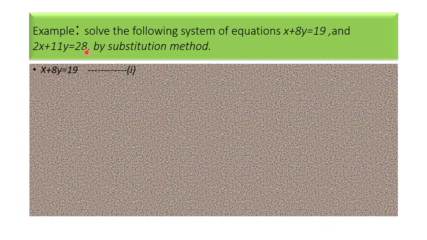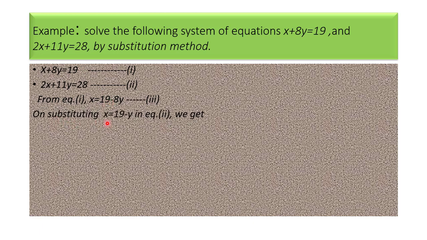Then x plus 8y equals 19 is equation 1, and 2x plus 11y equals 28 is equation second. Then from equation 1, x equals 19 minus 8y. We can write this as equation third.